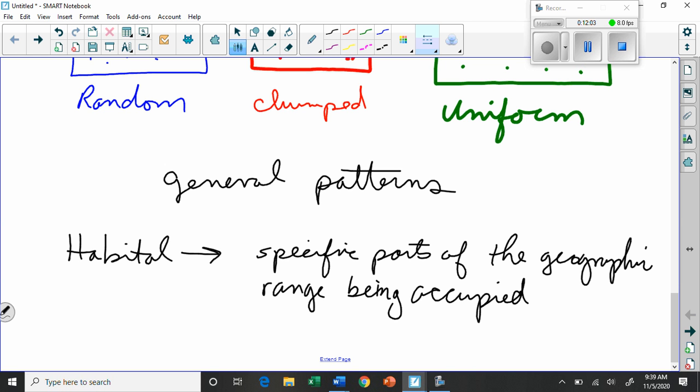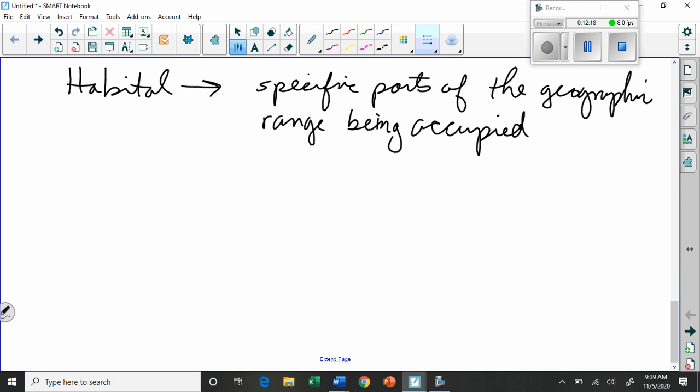So the habitat is a more defined part of the range. And it's defined by its specific, what we call biotic and abiotic factors, right? So let's write that down too. This is defined by the biotic and abiotic factors that are present there.